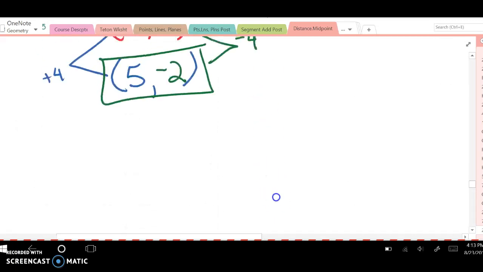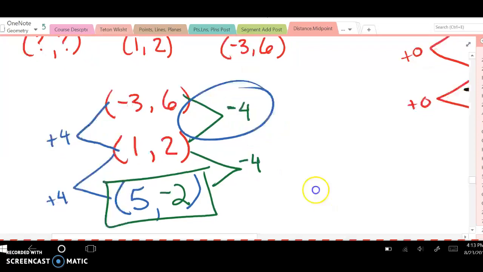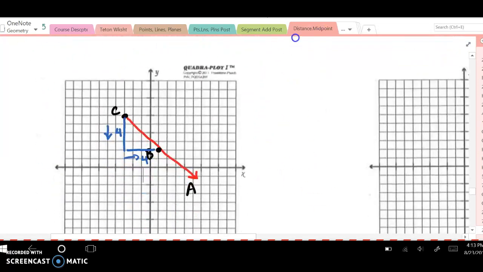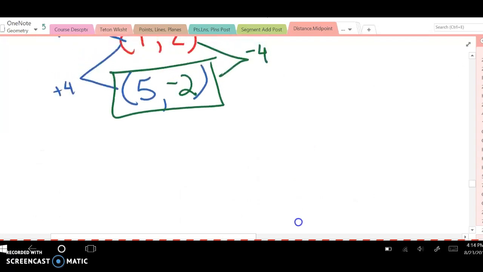And that's why we added 4 for the x's. We're changing in the x direction, a horizontal direction. So if you go that same amount down and that same amount over, 1, 2, 3, 4, that is your endpoint, friends. That's the location, which is indeed at 1, 2, 3, 4, 5, and down 2, which I believe was our answer up here.